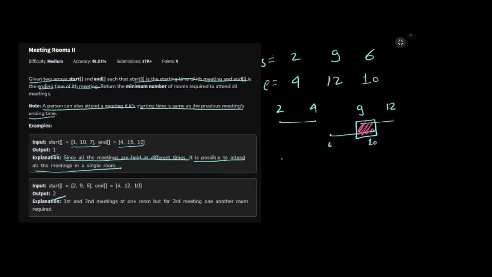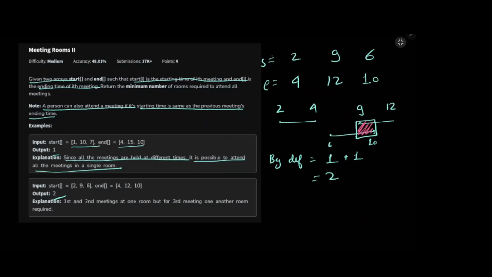So intuitively we can just think that by default we can have one meeting room, because it's required, one only by default. And if we can find an overlap, we'll add one. So by adding one we get two, as simple as that.